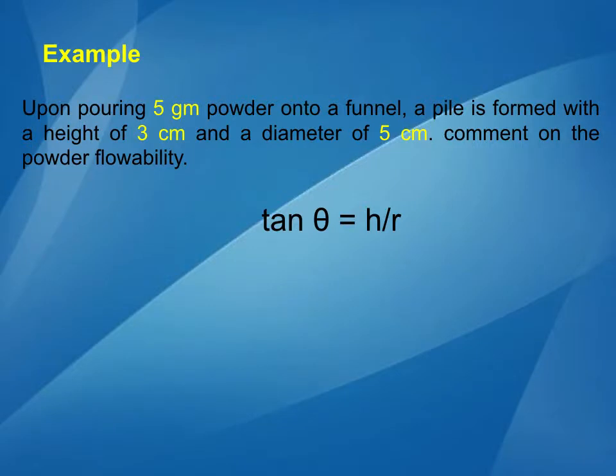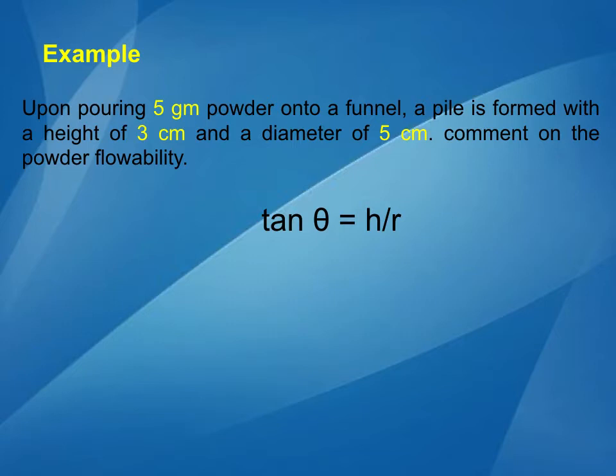If you are pouring 5 gram powder into a funnel, a pile will be formed with a height of 3 centimeters and diameter of 5 centimeters. So how can you calculate tan theta and theta? h is given. What is h here? The height is 3 centimeters, so h equals 3. And the diameter is 5 centimeters. So don't use 5 centimeters, you have to divide by 2.